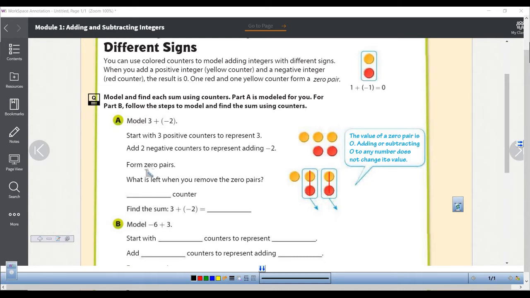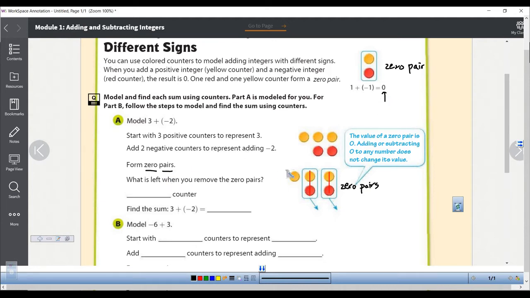It says form zero pairs. That's what these are, called zero pairs. This up here is a zero pair. One positive plus one negative makes 0. Essential for your understanding here.